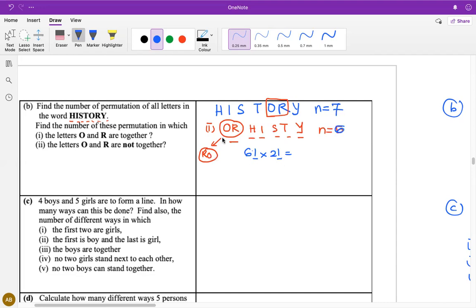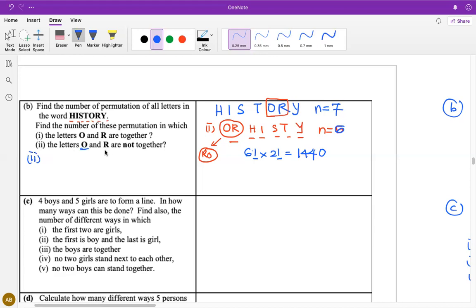Then 2 factorial is OR and RO, which can be reversed. So it is 6 factorial times 2 factorial. Use your calculator, and you get 1440, right? 1440.